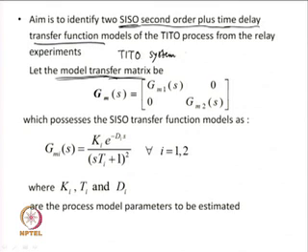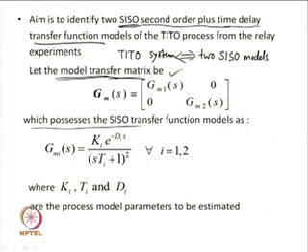Then the model transfer matrix will be G_M(s) = [G_M1(s) 0; 0 G_M2(s)]. So, we can write the model transfer matrix in the diagonal form. Now, what form will G_M1(s) and G_M2(s) have?